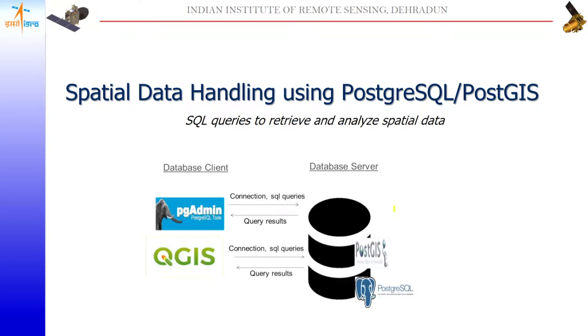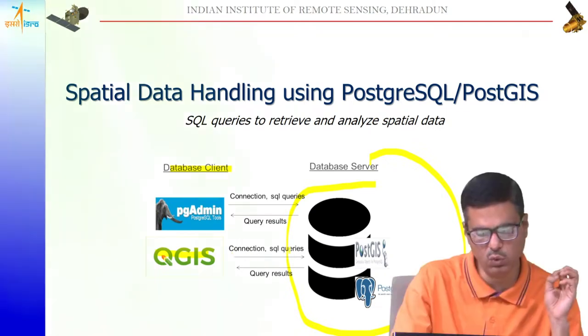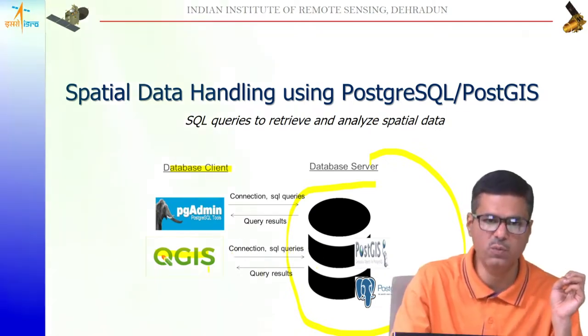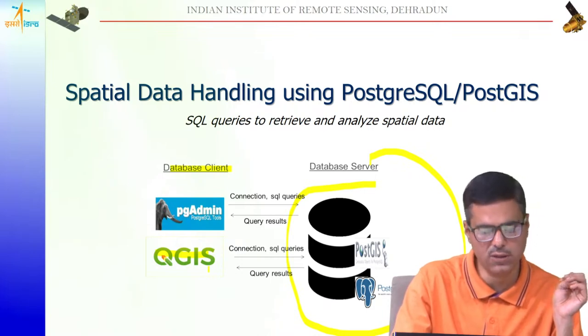We can think of Postgres and PostGIS primarily as a client and server model, where the data could be stored inside Postgres and PostGIS, and then we can use any client. It could be QGIS as a client, wherein the data is stored in the backend system, and we can connect to it, fire a few queries, and view the result, which could be visualized inside QGIS.